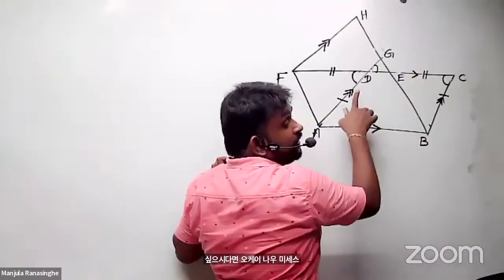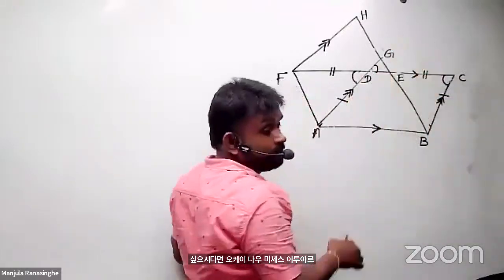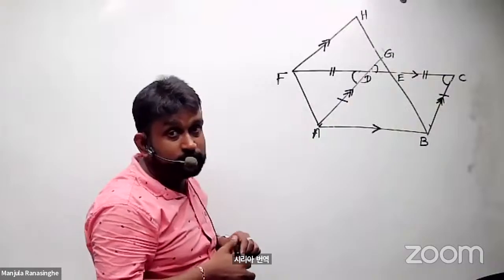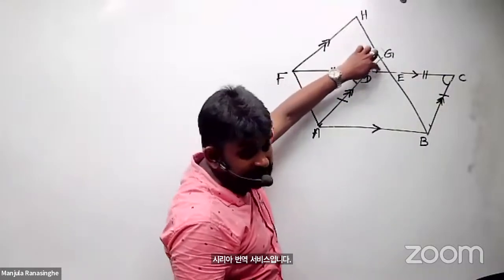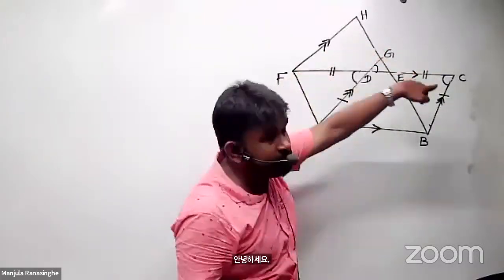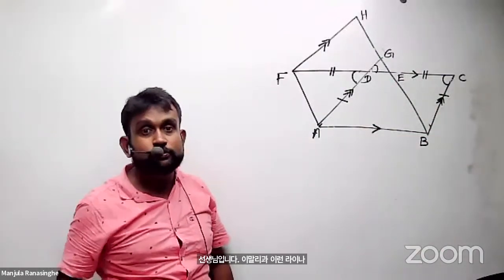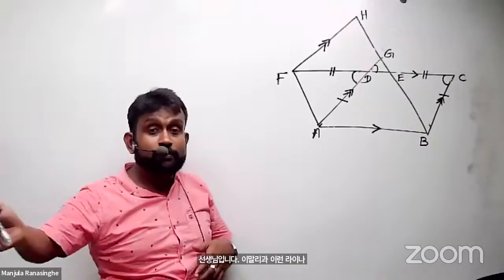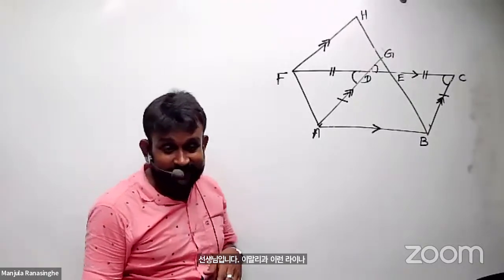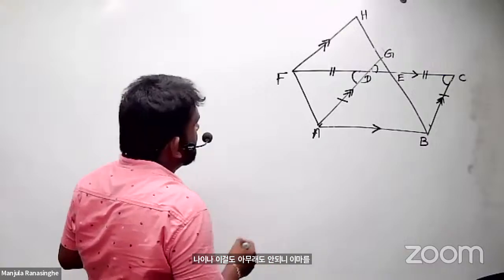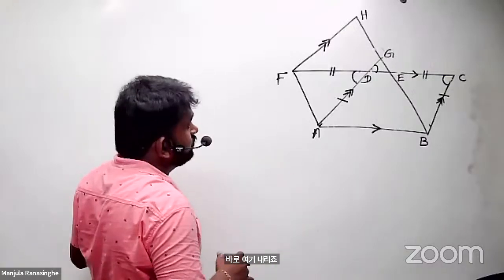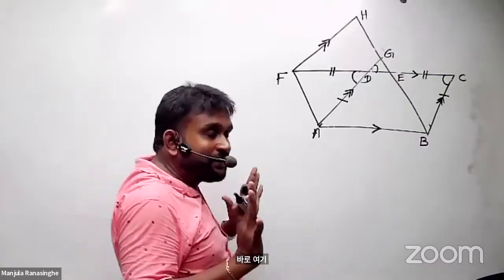Eventually this angle equals this angle under the axioms. This equals this, and this equals this, so this equals this. Nimal equals Naina and Naina equals Kamala, then Nimal equals Kamala. That is also an axiom. So now my path is clear.